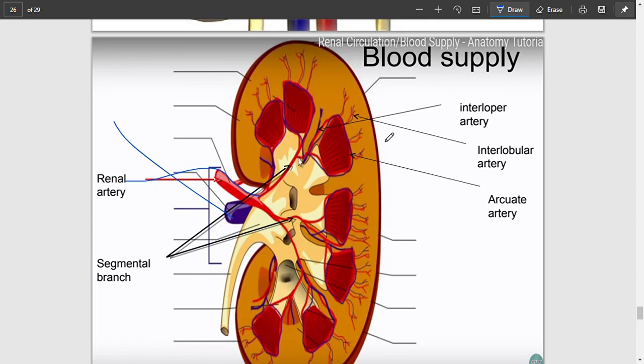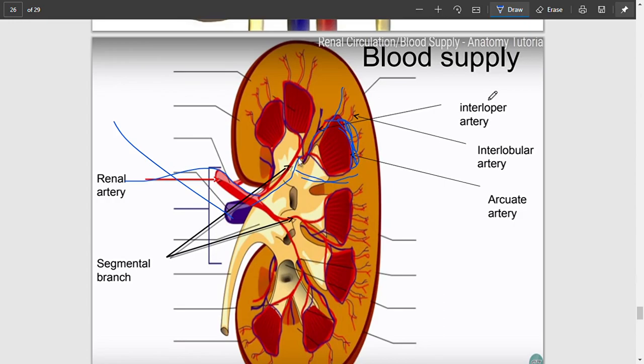There are three further divisions of the artery. First of all, there are the segmental arteries, and when they reach the medulla, they divide into interlobar arteries between the lobes, and then they make the arcuate artery, making an arch with the medulla, and then they divide into interlobular arteries.